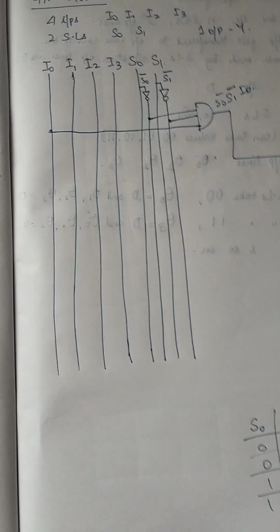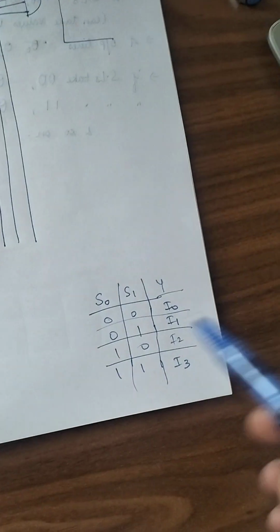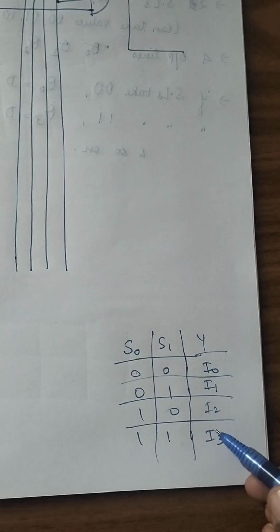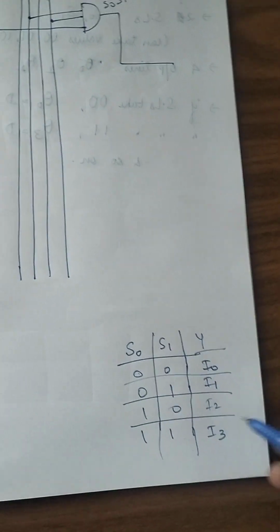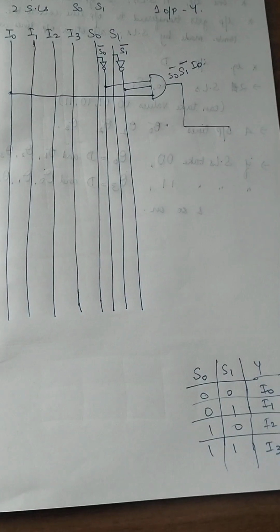So why does this work? Because for those corresponding values, when you put them through AND gates, it will give you exactly what you wanted, and for any other value, at least one of the selection lines is going to become a 0.